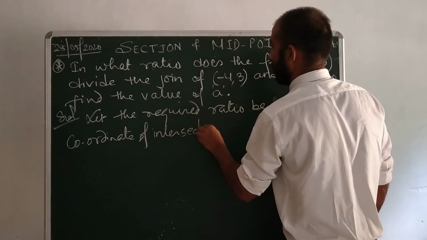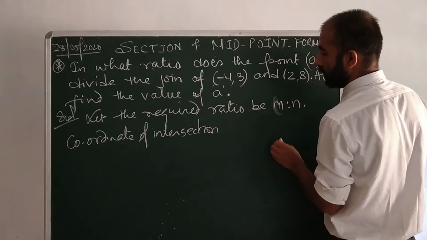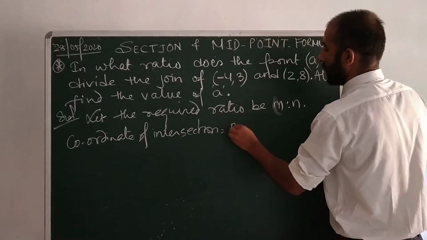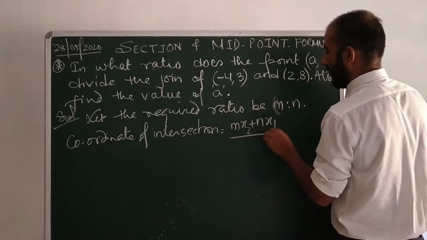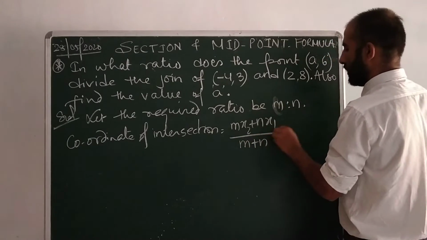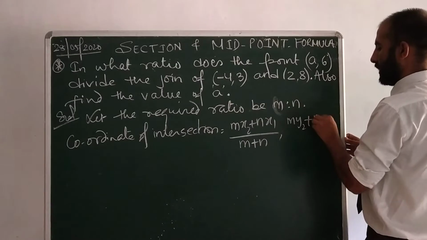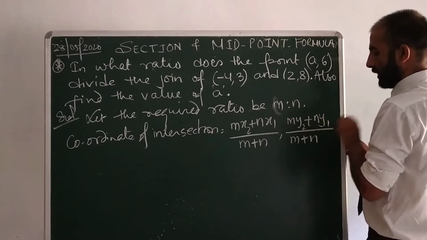We know what the formula is: mx2 plus nx1 by m plus n, my2 plus ny1 by m plus n.